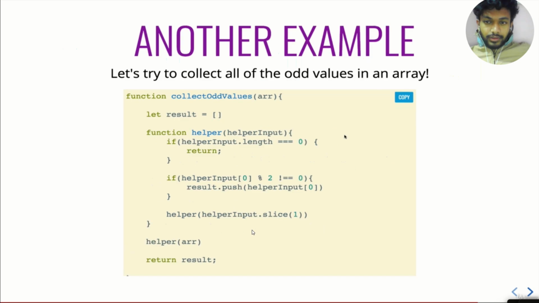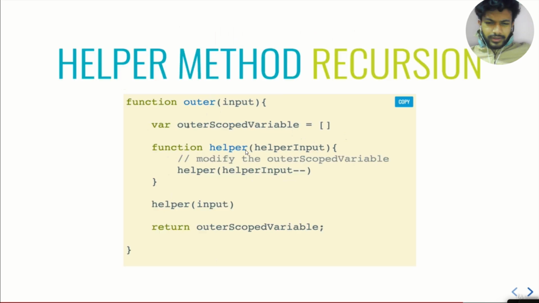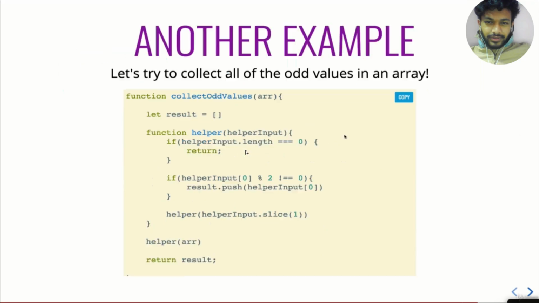Anyway, here is an example: collect all the odd values in an array. It also uses a helper, a helper recursive function. If you provide it an array of numbers, it will collect the odd numbers in it. How can you find an odd number?